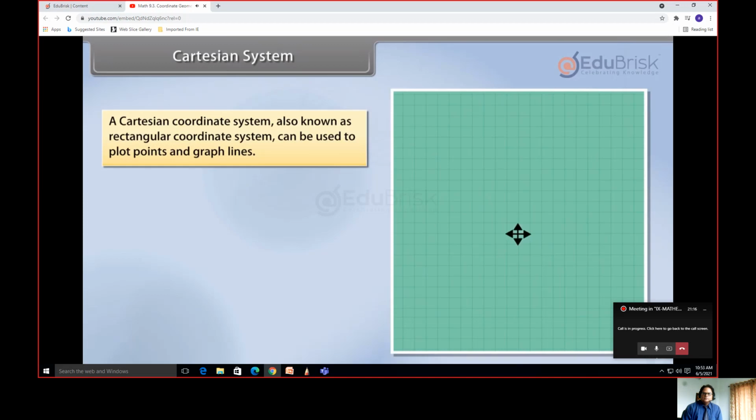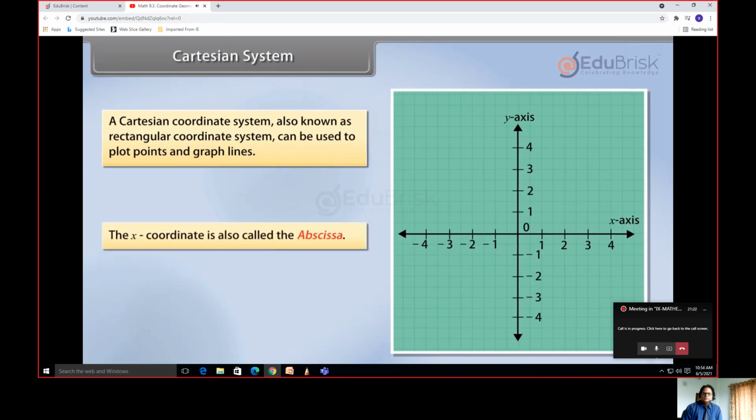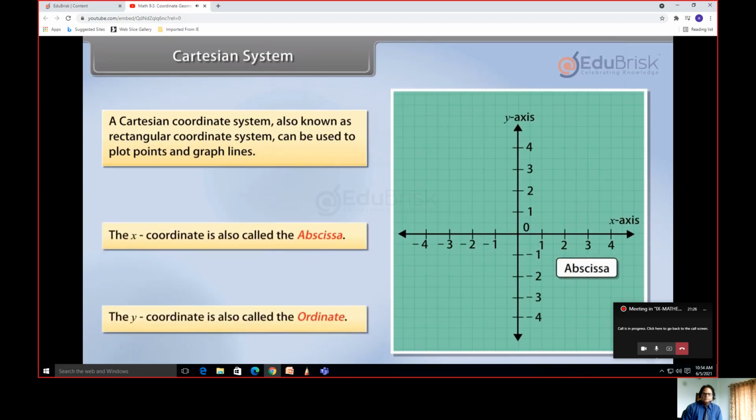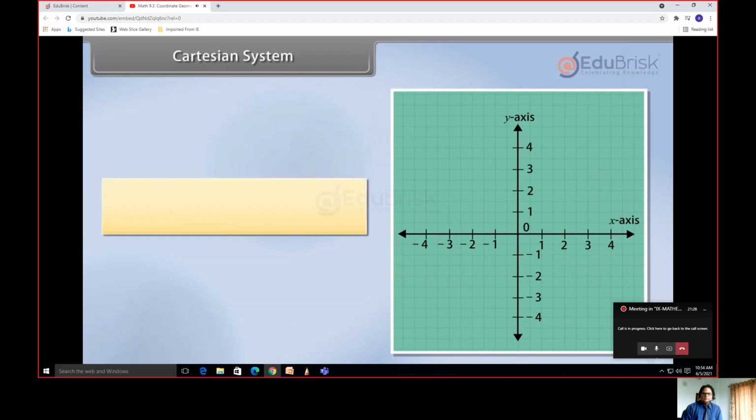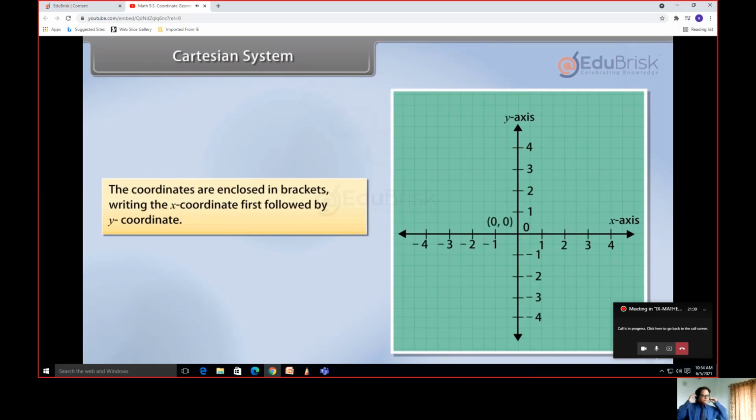It is basically a set of two number lines, the x-axis and the y-axis. The x-coordinate is also called the abscissa. The y-coordinate is also called the ordinate. The coordinates are enclosed in brackets, writing the x-coordinate first, followed by the y-coordinate. The center or intersection of the two axes is equal to 0, 0.